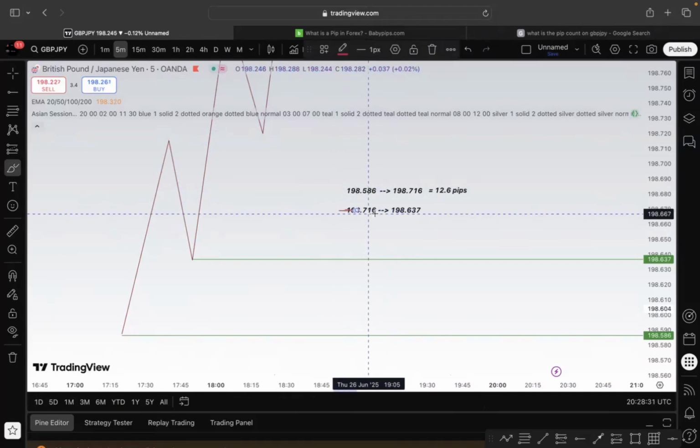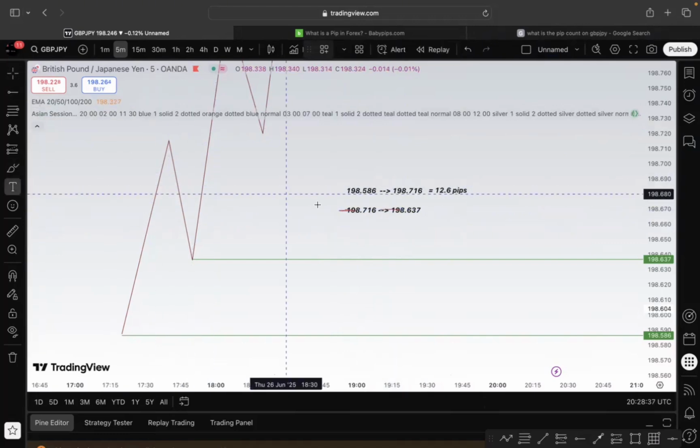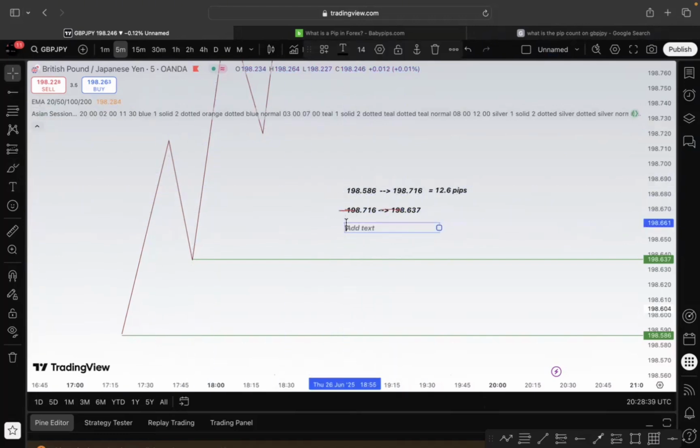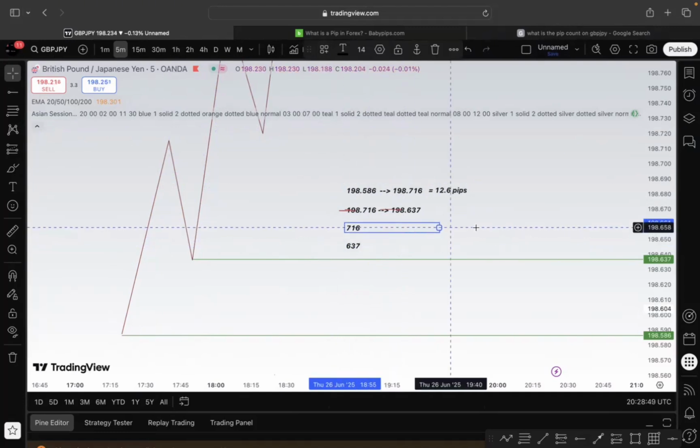And so we are looking at 716, and then we are looking at the 637. So now I would mentally take these numbers out, do all these things in my head, and then the 637. Amazing. And now we know where our pip.